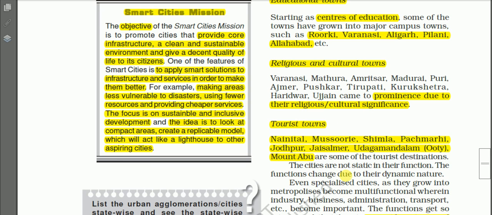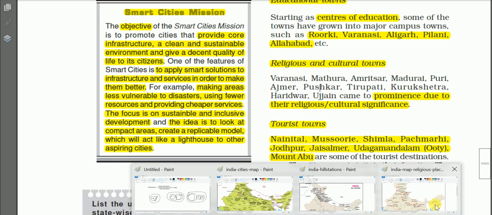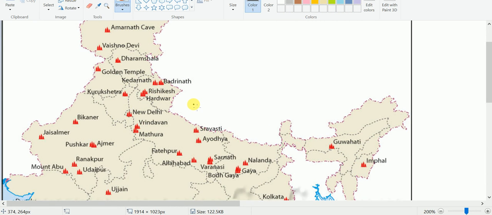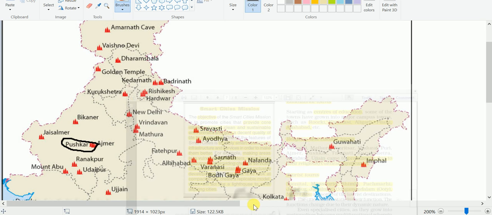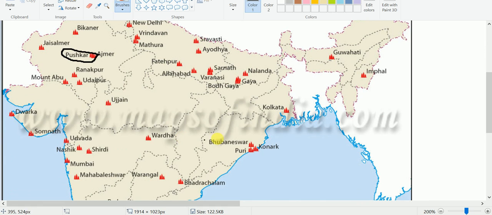So let us find out. Here, for example, Pushkar. Pushkar is here. I think Pushkar is there or not? Yes, Pushkar is there. And then here we have Puri.